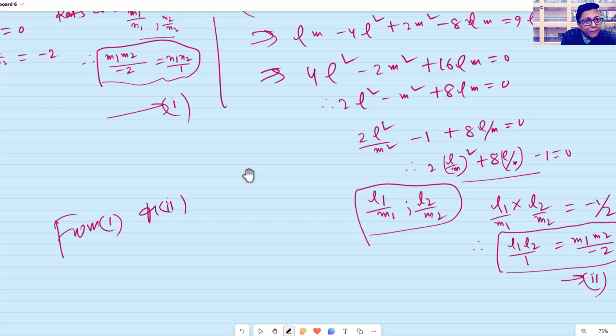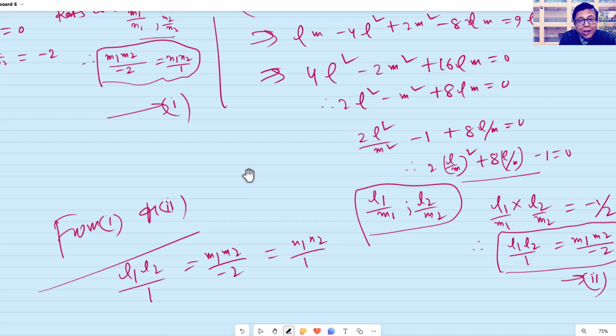Okay? So from 1 and 2, what do you get? L1 L2 by 1, m1 m2 by minus 2, n1 n2 by 1. We are waiting for this beautiful relation. We got it. Now compare them equal to lambda.